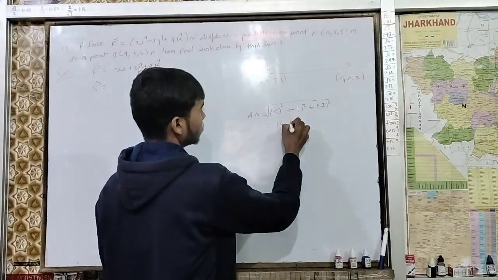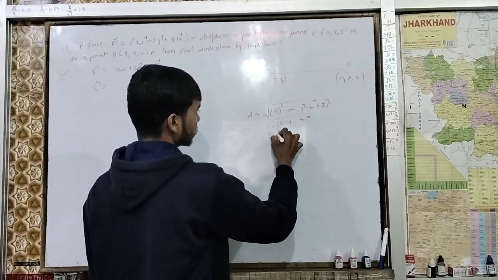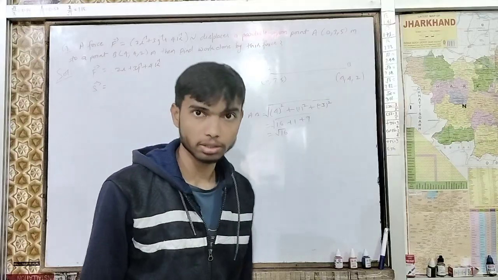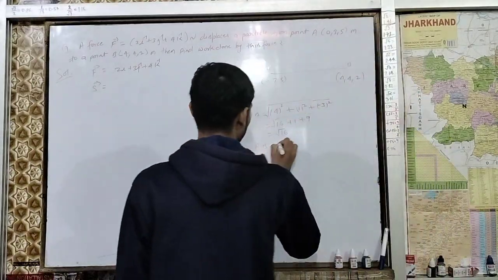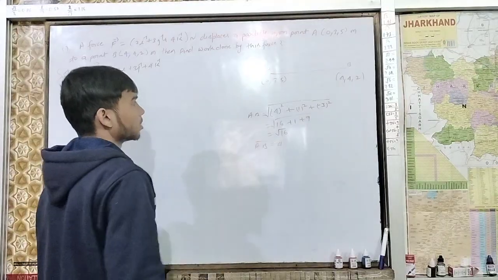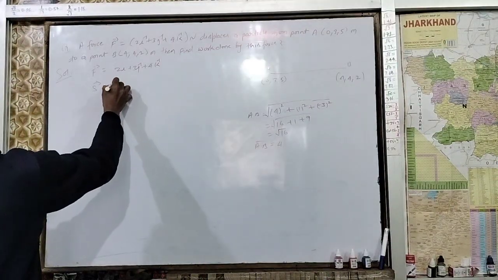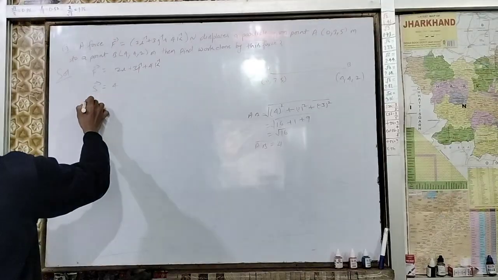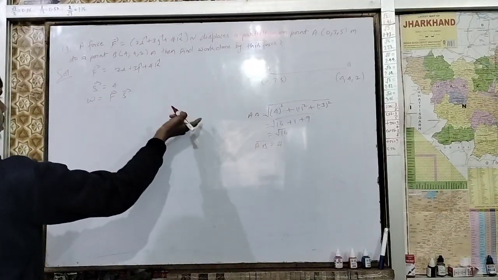4 fours are 16. So 4 is our displacement. Work done will be F into S cos theta, but cos theta is not given.